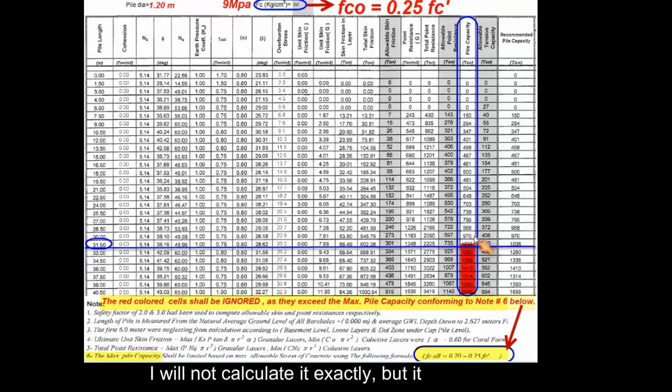I will not calculate it exactly, but it is in the range of 1100. And therefore I am now between 970 and that, so I am here. The real collapse as a column is here. So any increase in the capacity of the pile as a result of the skin friction has no use.